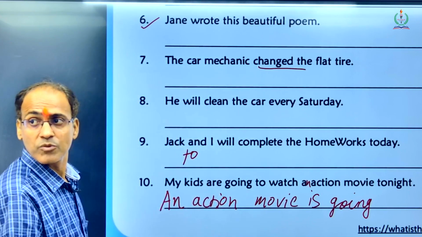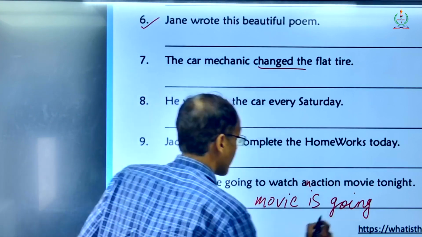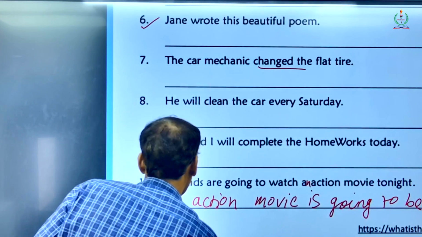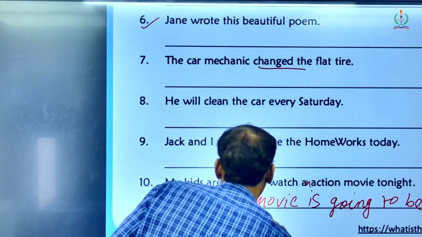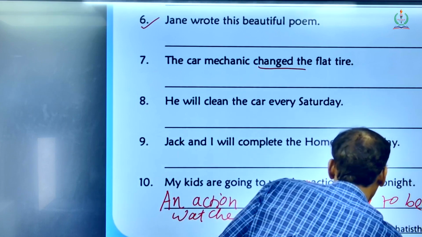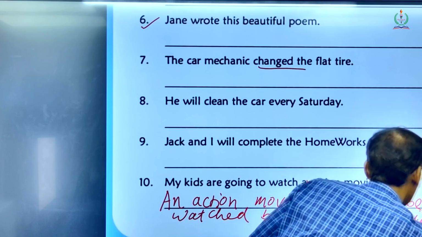An action movie is, okay, it's visible down also. An action movie is going to be watched by my kids tonight. That's the correct answer of this.